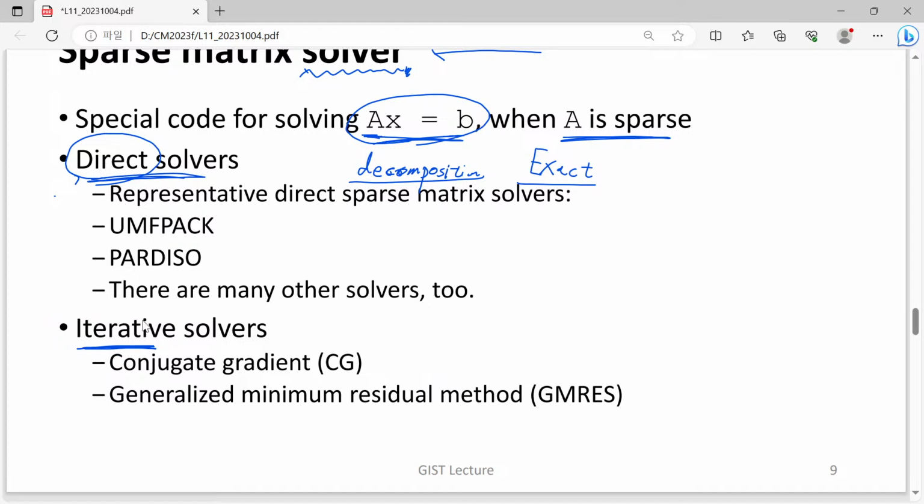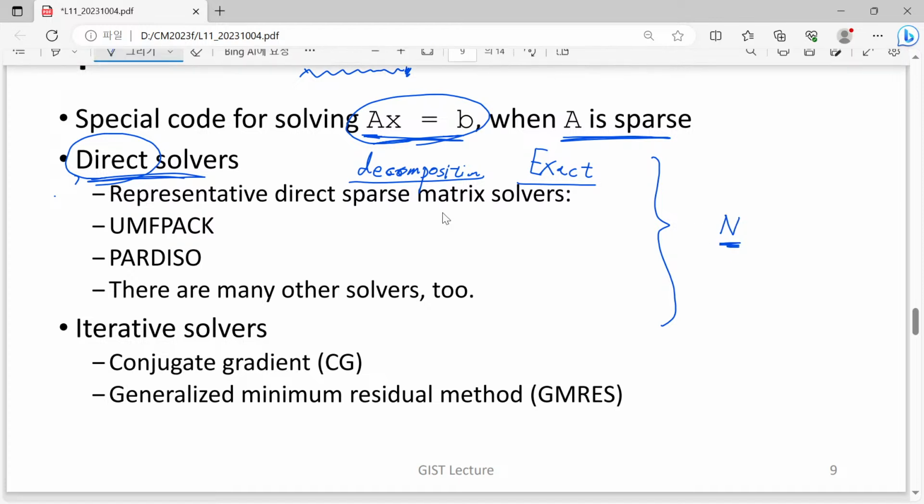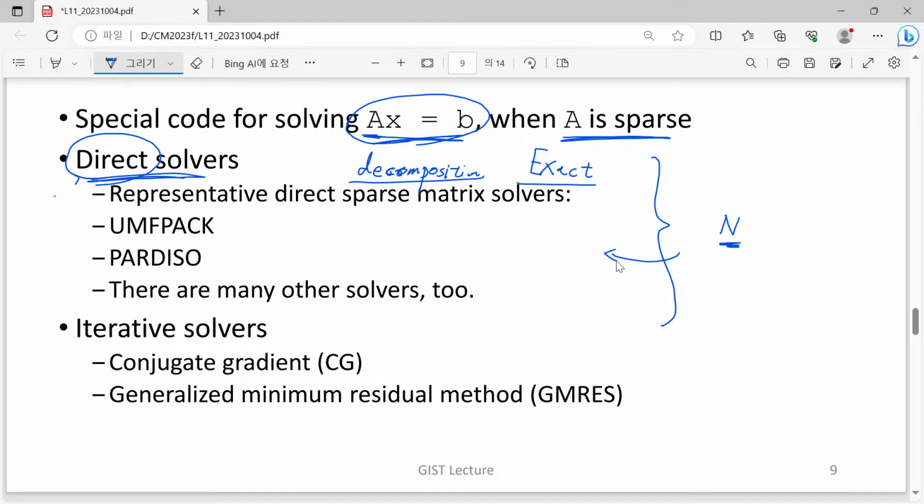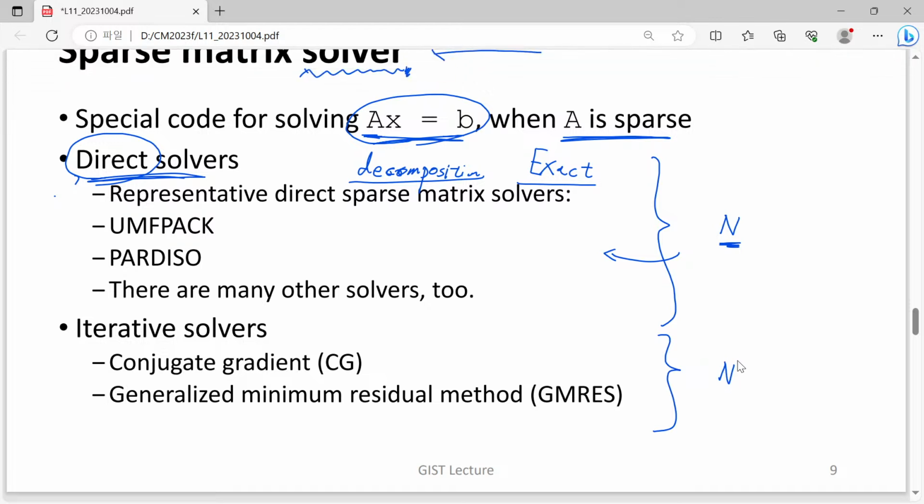So simply speaking, if your matrix is moderate, your n is not that huge, then it is better to use a direct solver. And if your n value becomes really large, then from my own experience, there is a certain boundary like this.